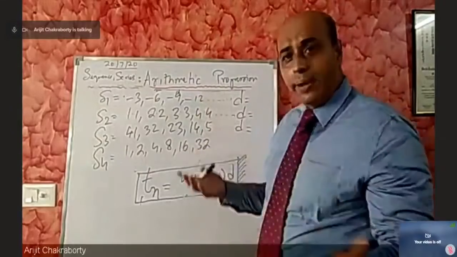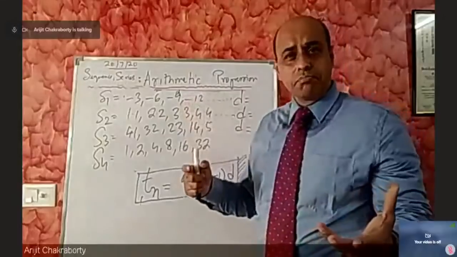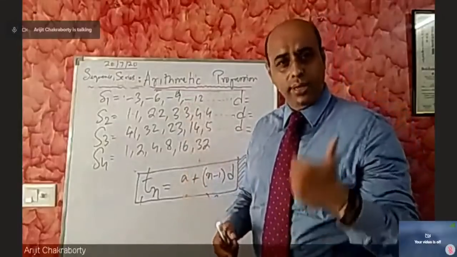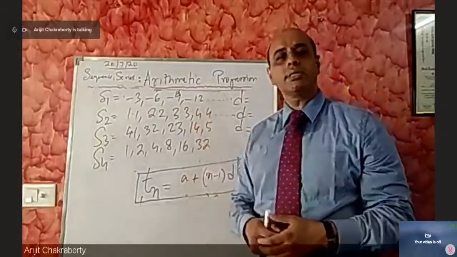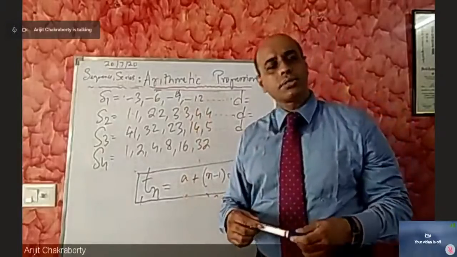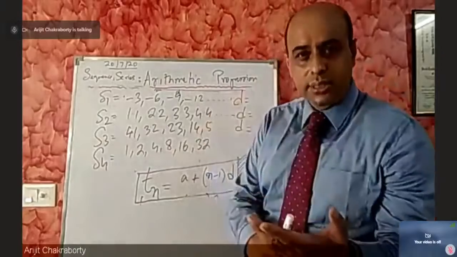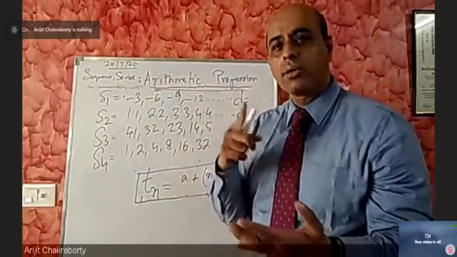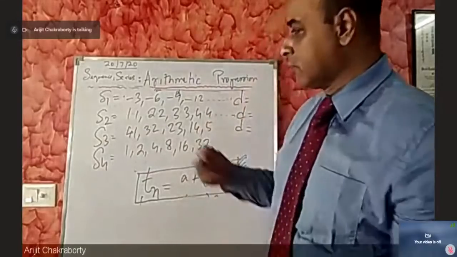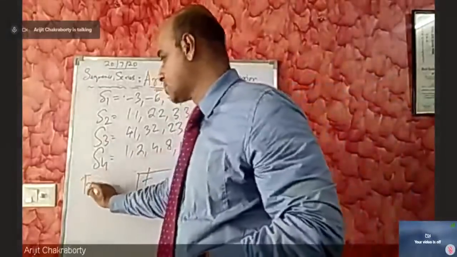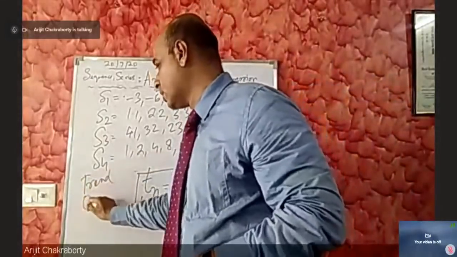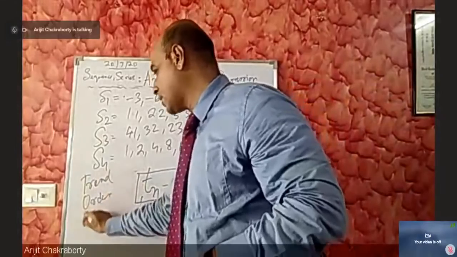Yes, because it is a set of numbers. Second, do you see any trend? I wrote 3 words: trend, pattern, and order. Please don't forget this. Trend, order, and pattern.